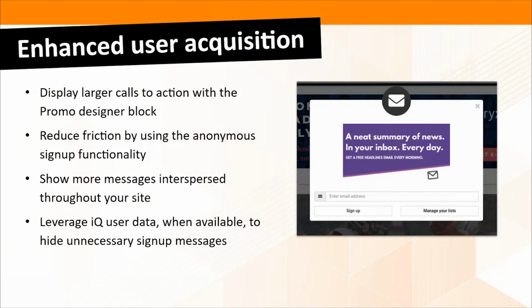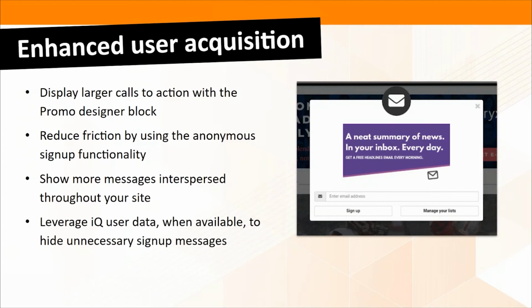So we built the Promo Designer block to be able to put those offers front and center. And we've seen a lot of success getting users to sign up for newsletters, especially when we split the offers out from a long list of newsletters and target these to users who are interested in that specific newsletter.